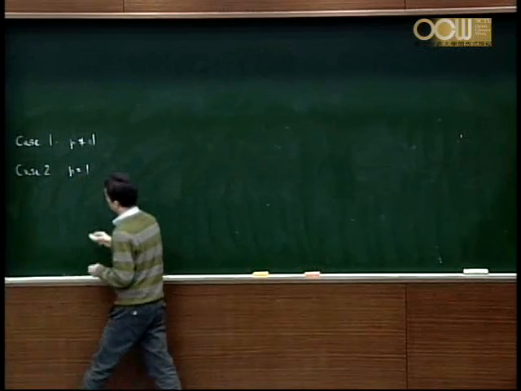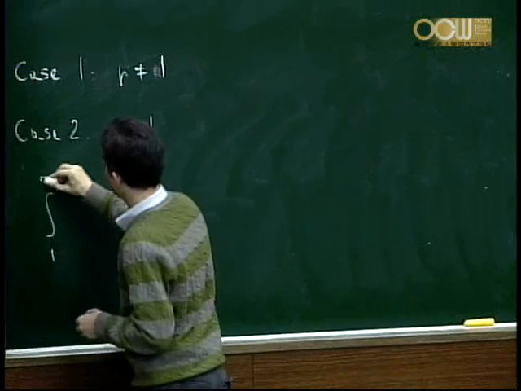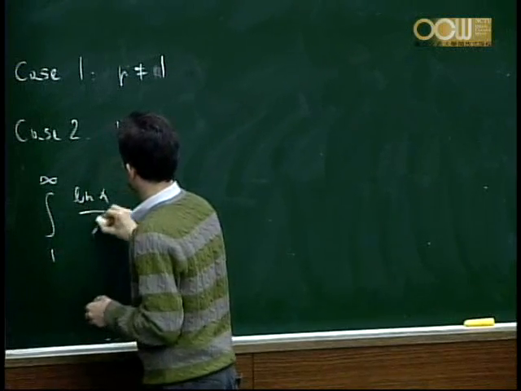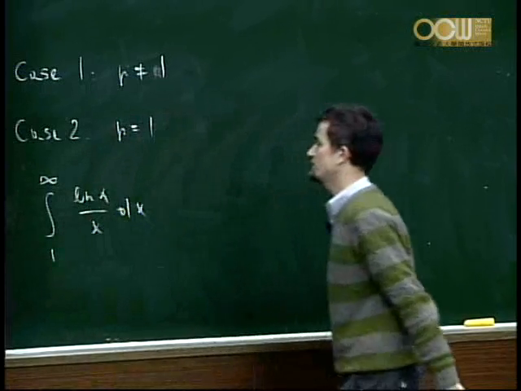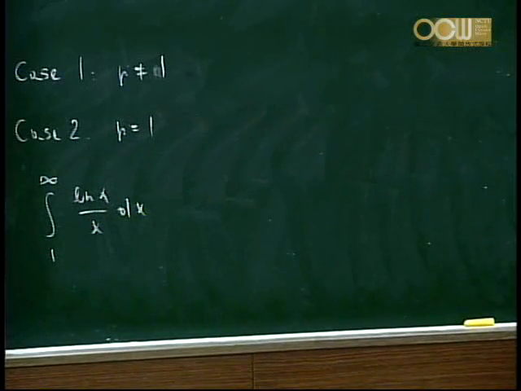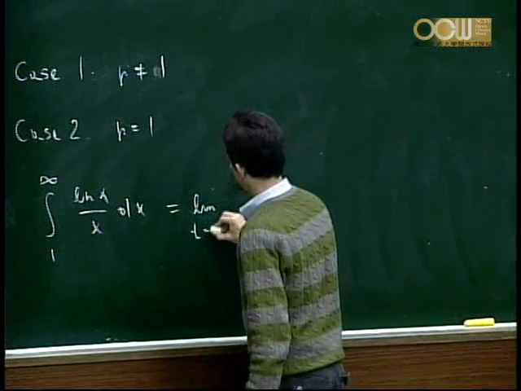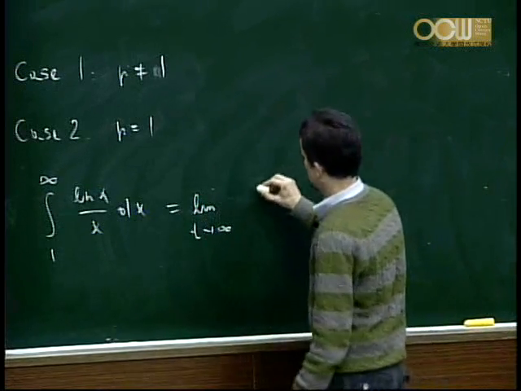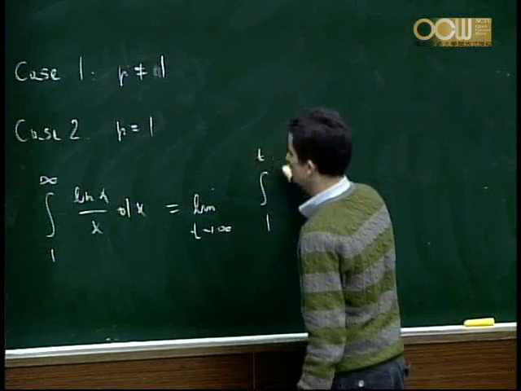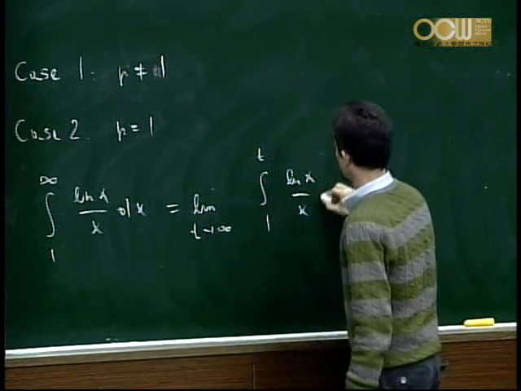Now for this case, we have to look at the integral from 1 to infinity of ln of x over x dx. So again, this is the limit as t tends to infinity of the integral from 1 to t of ln of x over x dx.